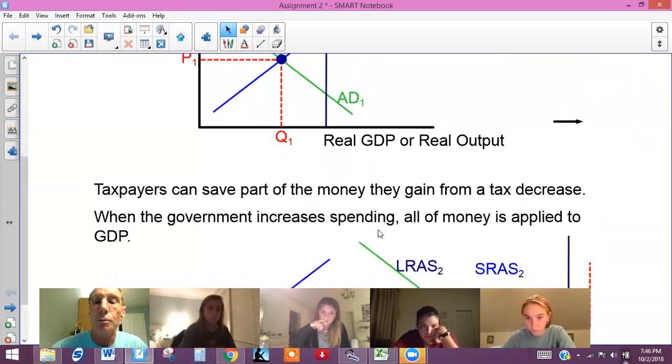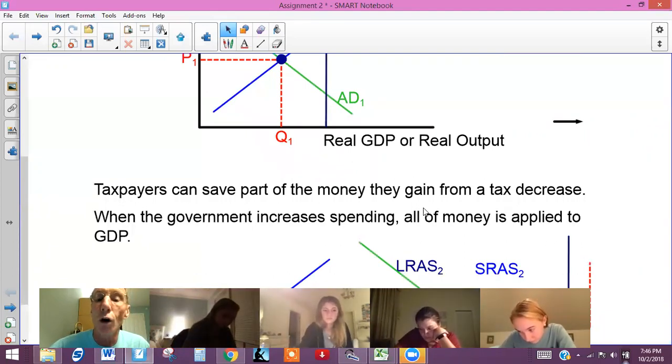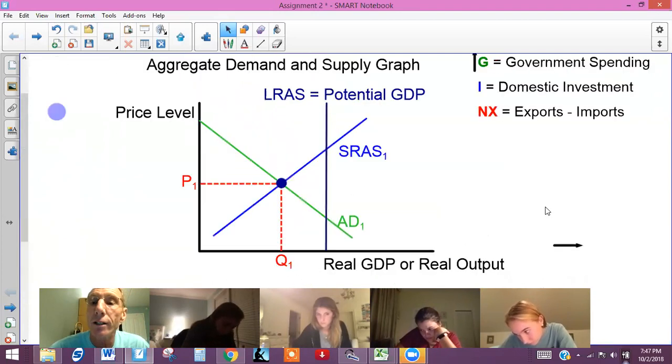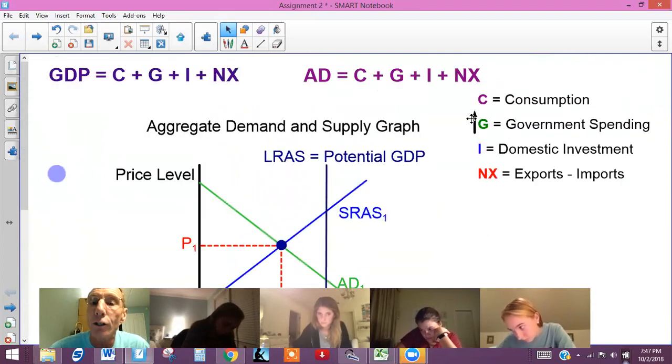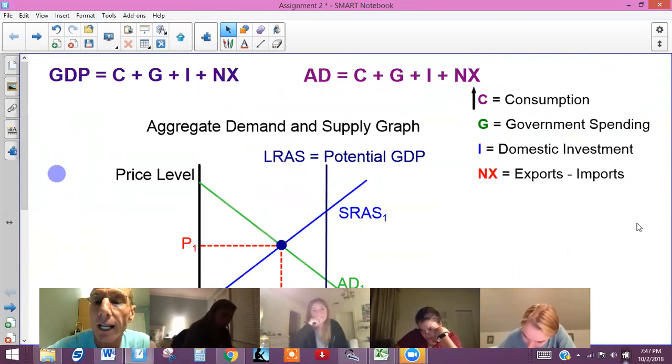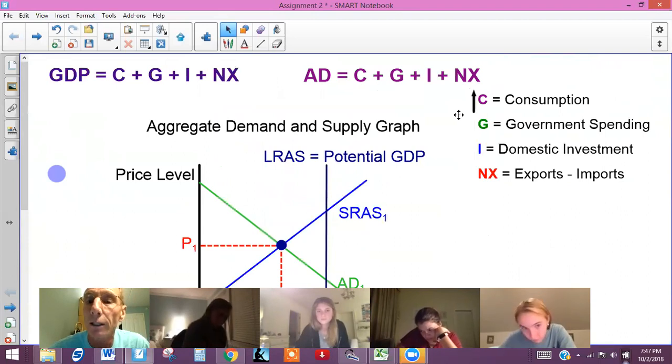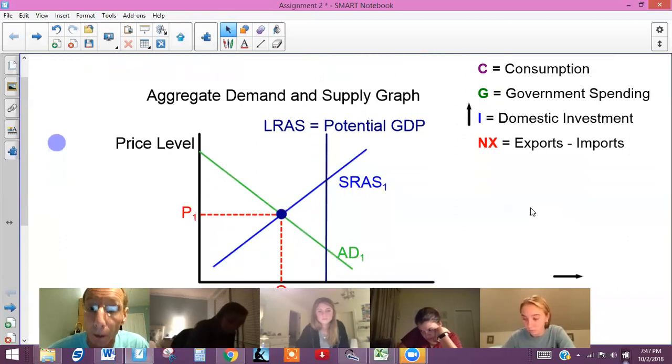Well, the increase in government spending would have a larger impact, because even though taxpayers have more money, we can't guarantee that they would put all the money into either consumption or investment. Typically, when taxpayers get a decrease in their tax, they may spend it all, they may spend some of it, they may invest some of it, but they also may save some of it.